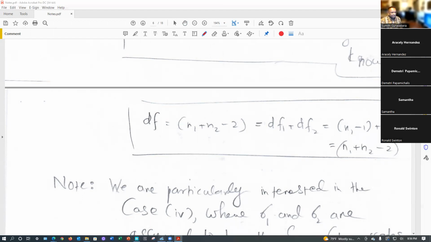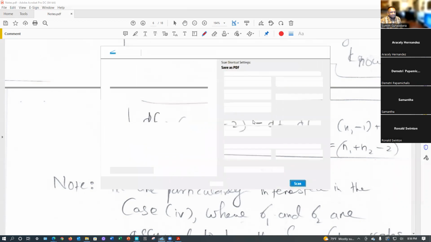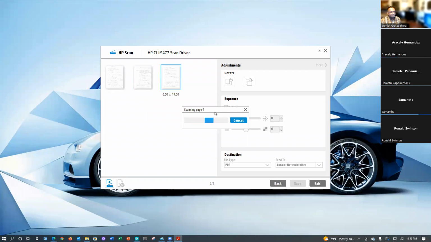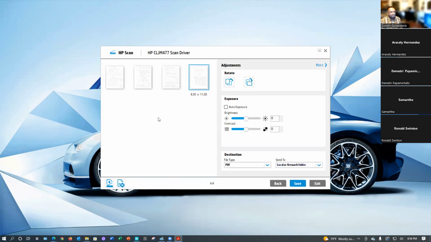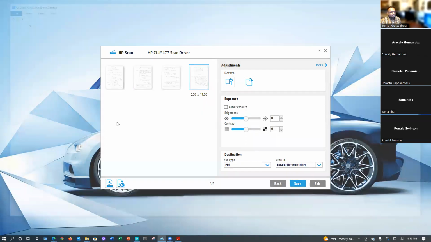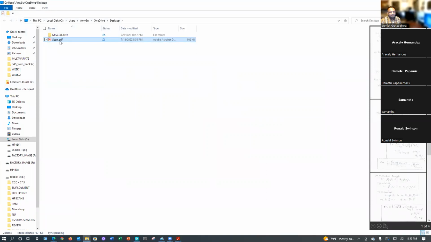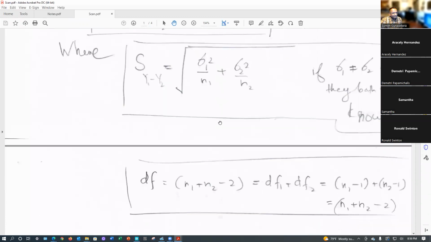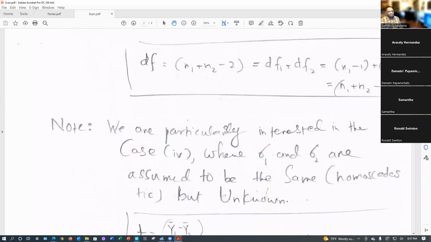That page is missing again. Let's see this one. This one missing all the time.